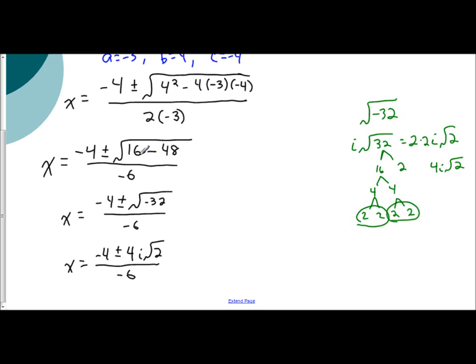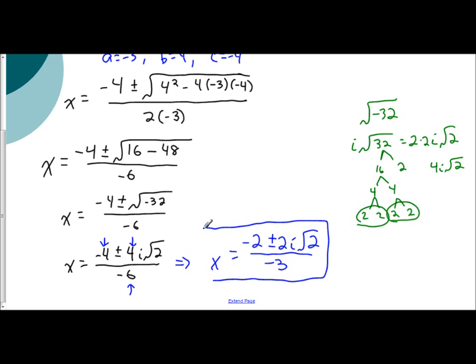If we take a look, all 3 terms have a common factor. They all are divisible by 2. So I can divide all of them by 2. Negative 2 plus or minus 2i radical 2 over negative 3. And that is my answer.